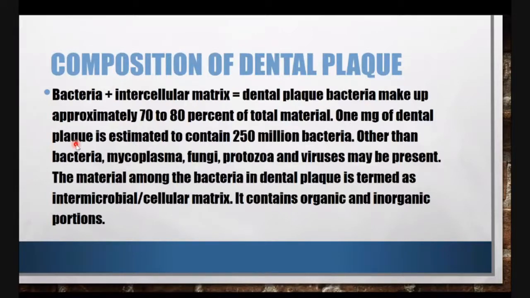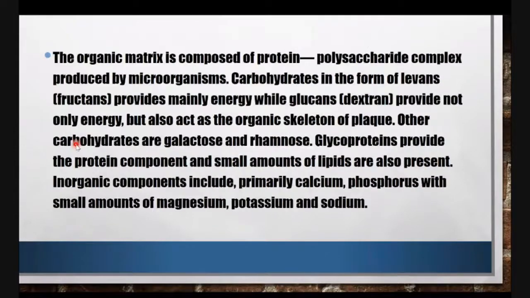The material among the bacteria in dental plaque is termed the intermicrobial or cellular matrix, like intercellular. It contains organic and inorganic portions, but mainly organic: proteins and polysaccharides. Produced by the microorganisms, carbohydrates in the form of levans provide mainly energy.